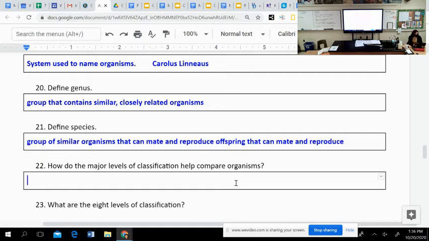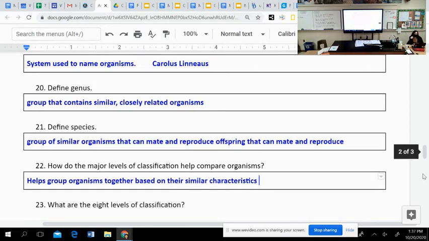Okay, so it helps group organisms together based on their similar characteristics. So the more groups and those more levels that organisms share, the more similarities they have in common.